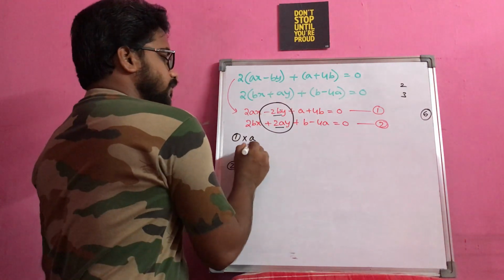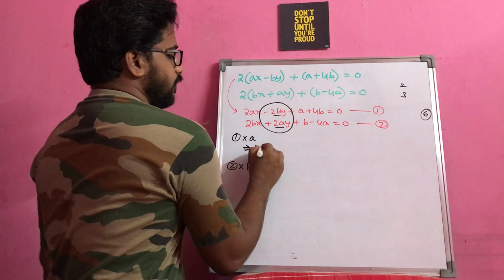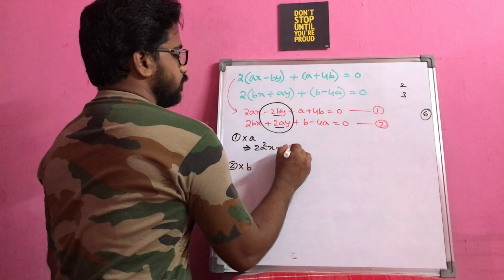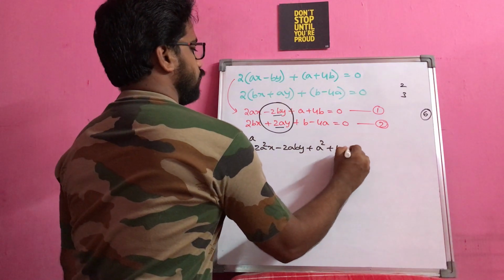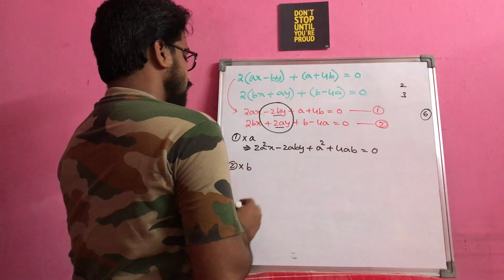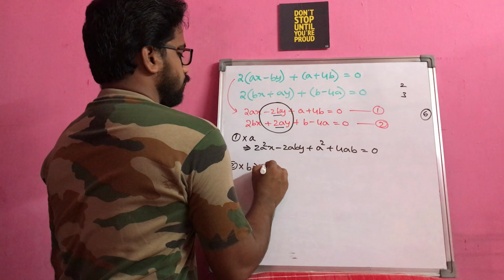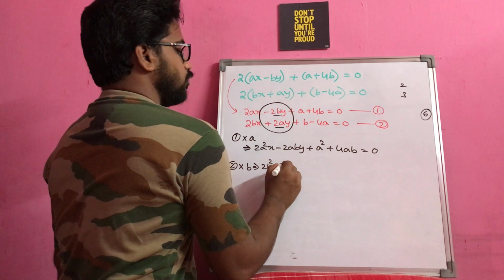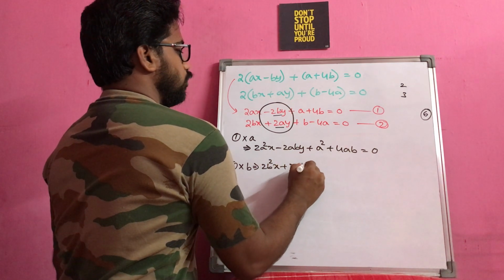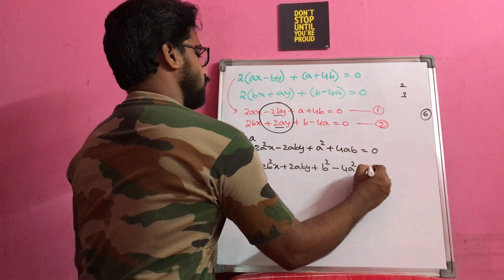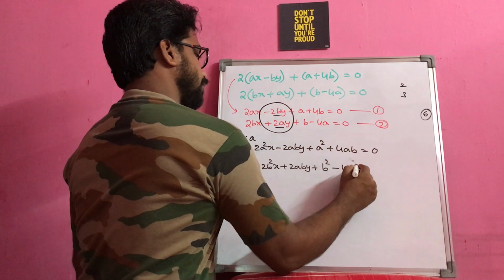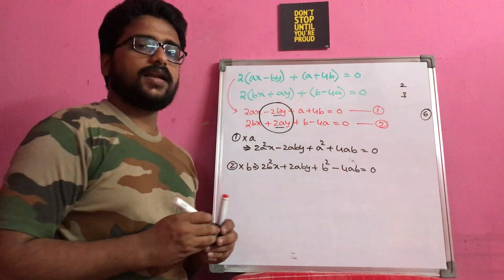So that's why the first equation I am multiplying with a, that will give me 2a²x - 2aby + a² + 4ab = 0. And the second equation will become 2b²x + 2aby + b² - 4ab = 0, because you are multiplying with b, right?